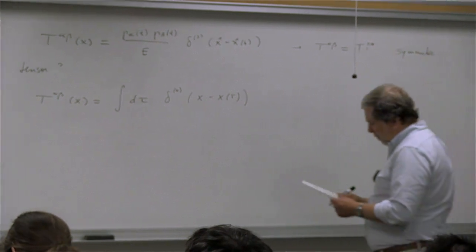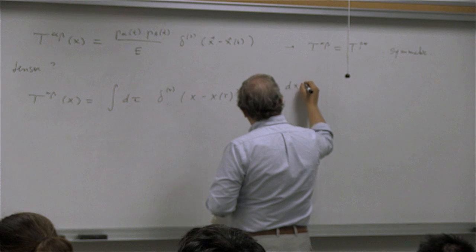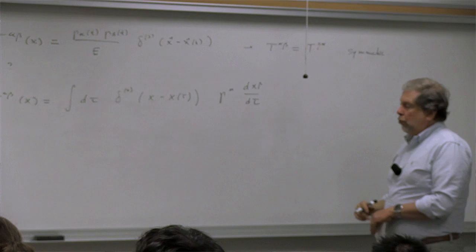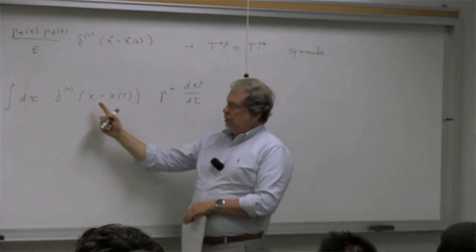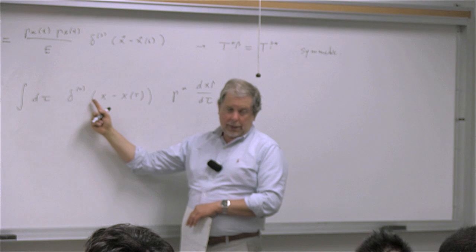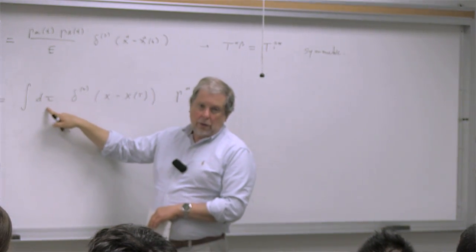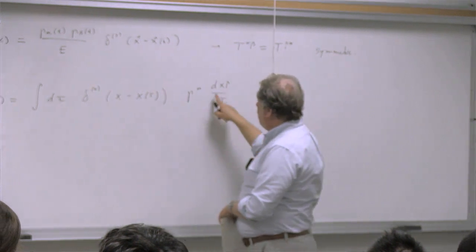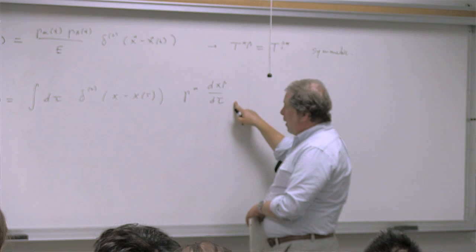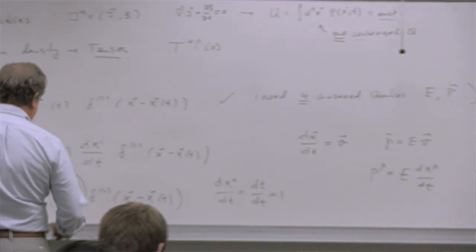And times P alpha and dx beta by d tau. So this is still true. Why is it true? Because the naught component of this delta function can be written as a delta of t minus t naught, which gets rid of the integral over tau, right? And you pick up a Jacobian factor, which gives dx by d tau by dt, and that turns into the d by dt that we have here.